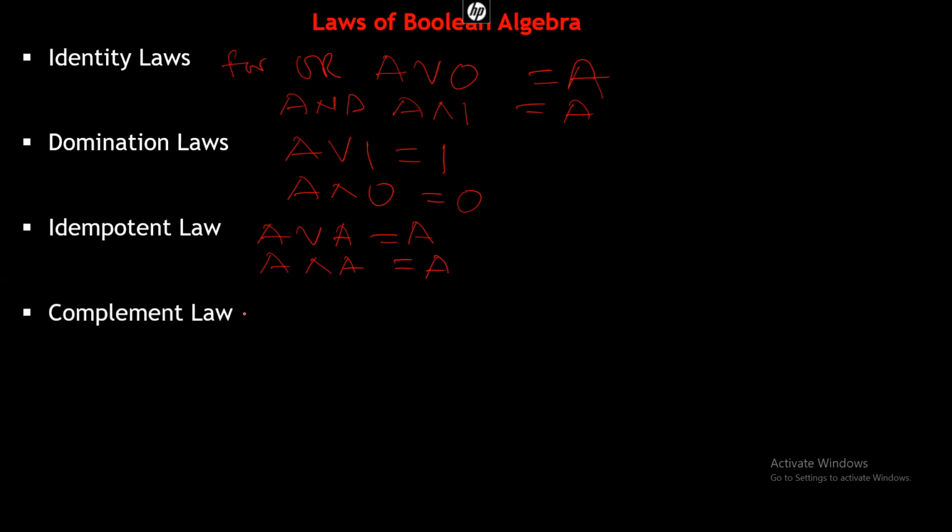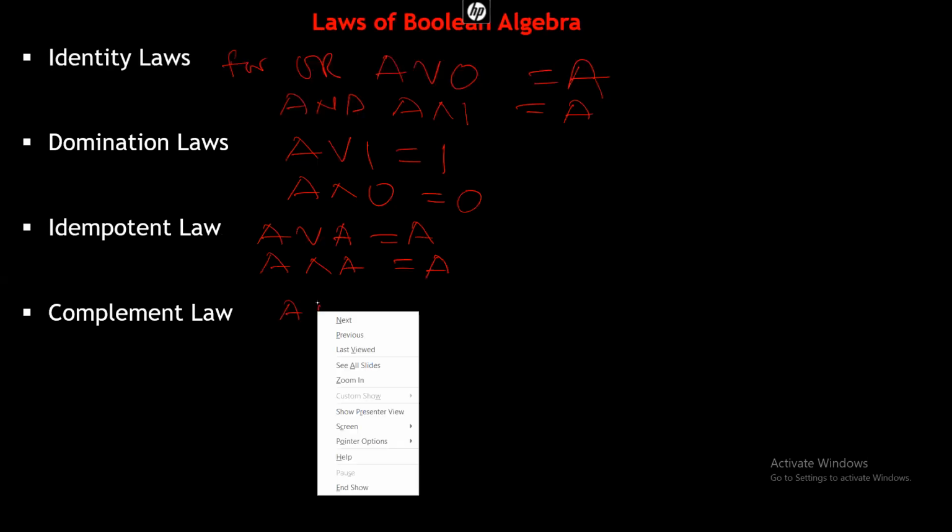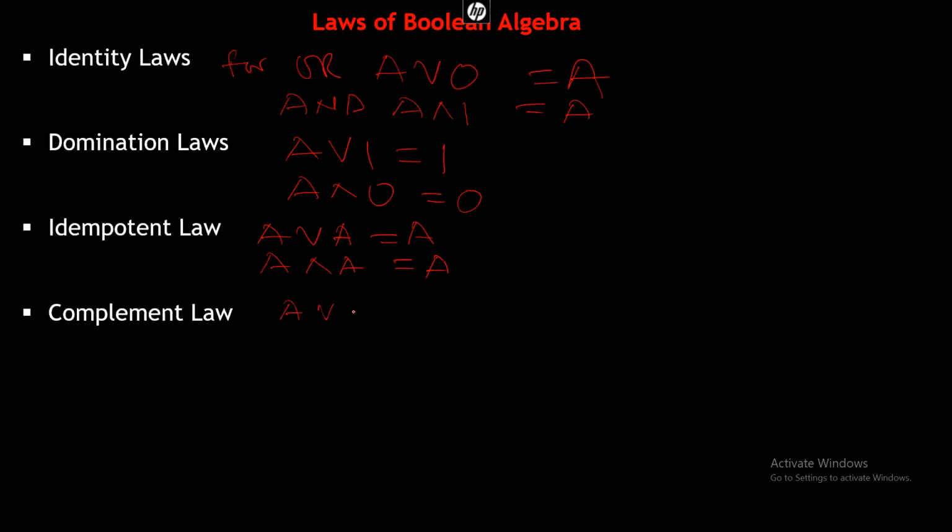Complement law. Complement law for OR, this returns 1. Then for AND, negation of A, this returns a 0.